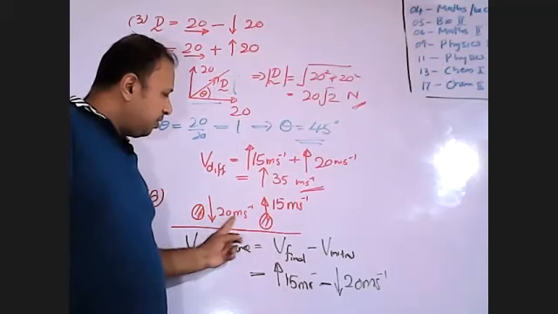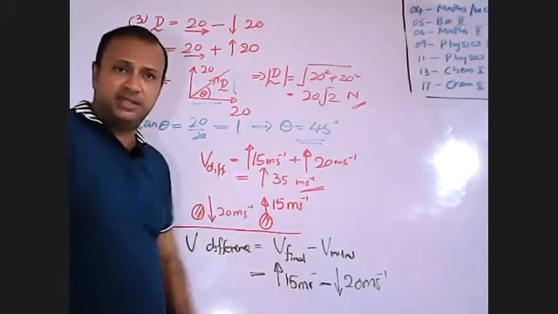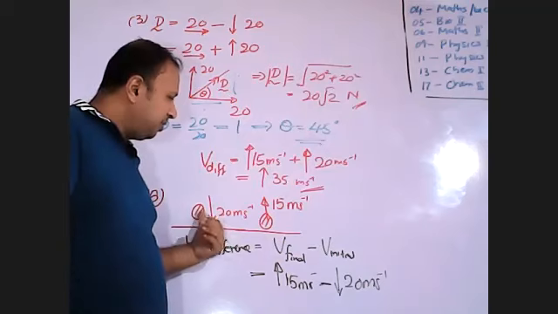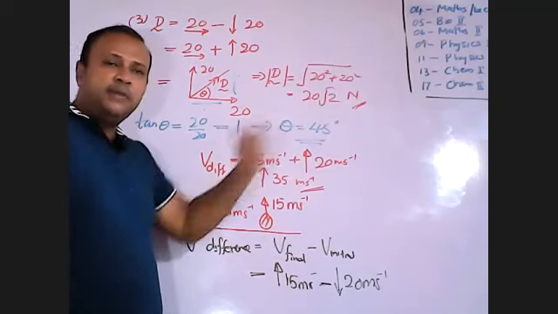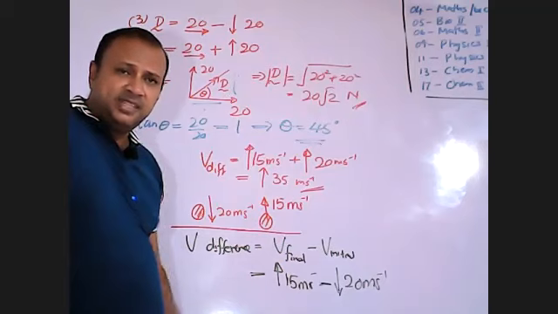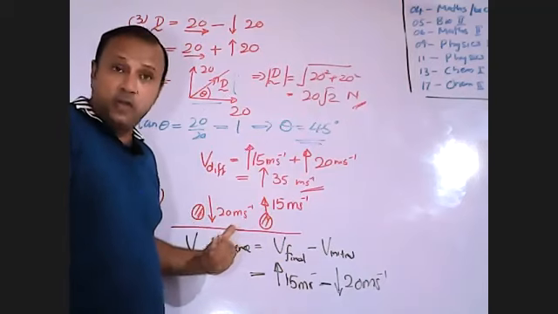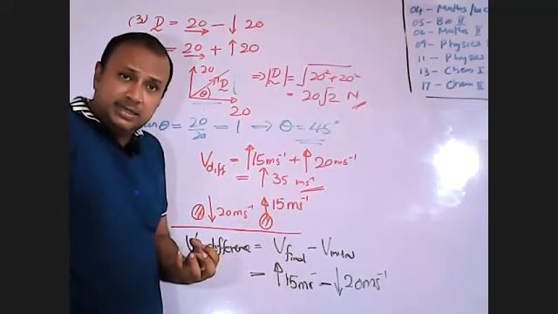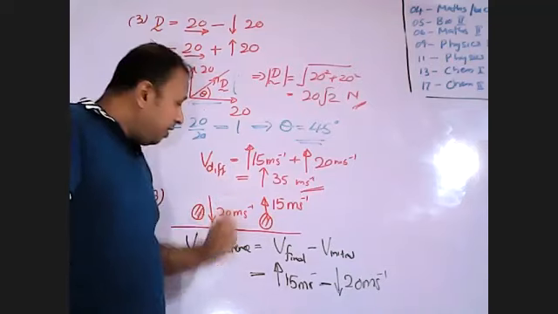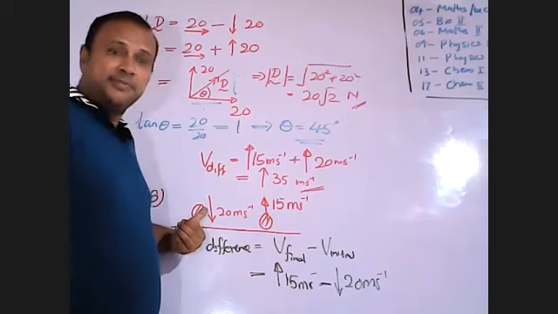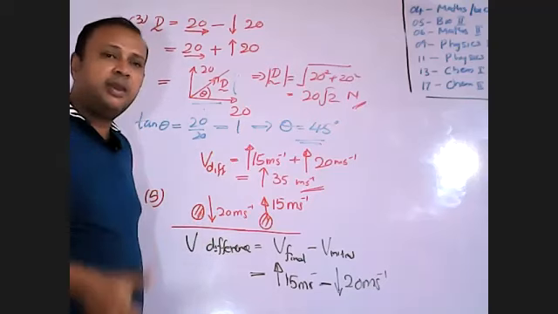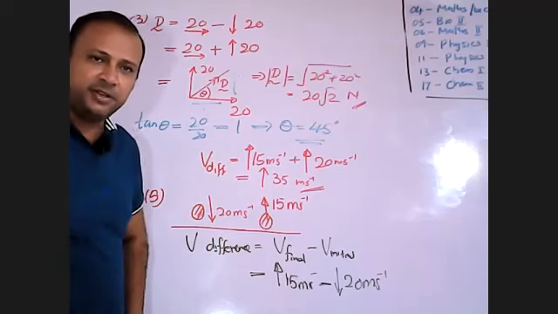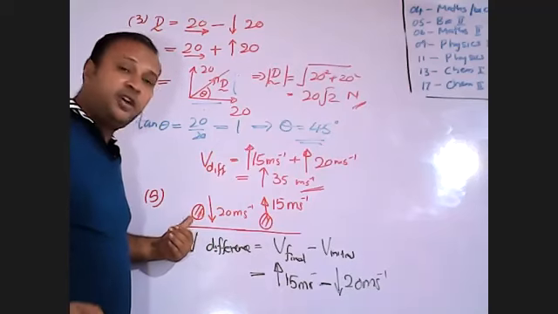So this is not the difference between two velocities. This is the difference of the velocity of this ball. That means there is only one physical quantity, the velocity of this ball.